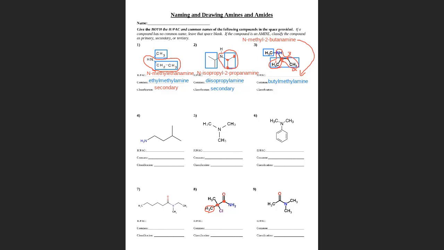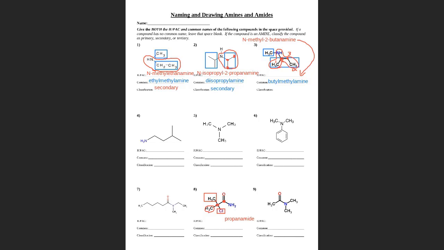So that root name there is then going to be propanamide. Propanamide. But now we also have CH3, Cl, our branches off that main chain.